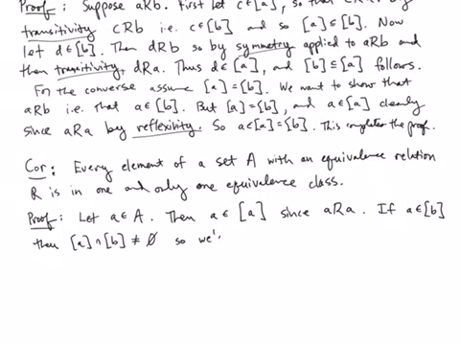So all we've said is that if we take any equivalence class whatsoever that A is in, then that equivalence class has to be this one equivalence class here. So that's the only equivalence class that A could possibly be in, right? We started with this arbitrary equivalence class that A was in and found out that it was equal to that particular one. So there's only the one equivalence class.